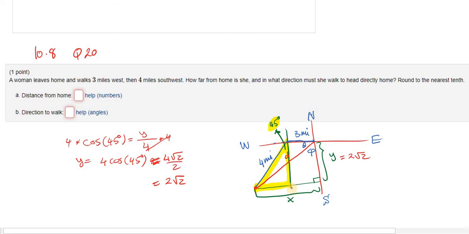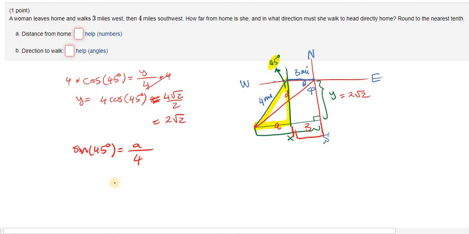Now to find x, I know this distance right here is 3 miles, and I need to find this distance, which I'm going to call a. To find distance a, I know that sine 45 degrees is equal to a over the hypotenuse, which is opposite over hypotenuse.